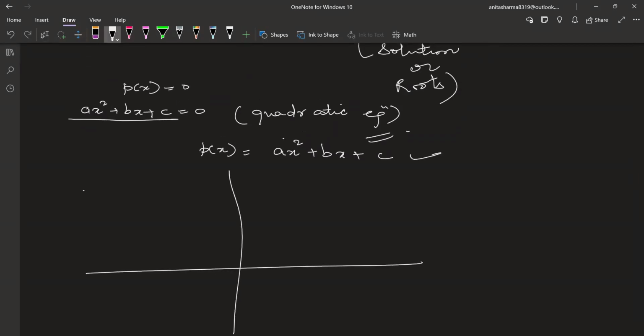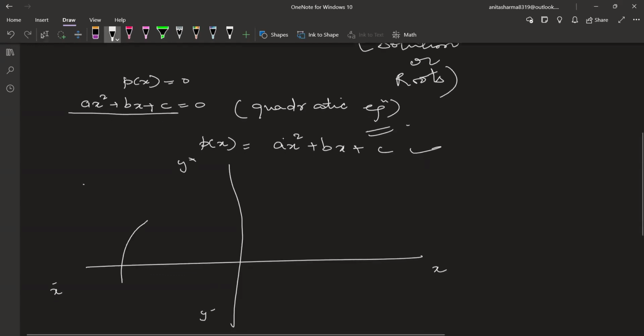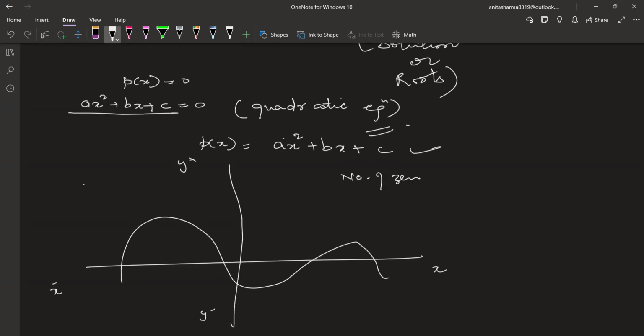Suppose you have given a graph like this: this is your positive x-axis, negative x-axis, positive y-axis, and negative y-axis. Whenever you are given a graph like this and you have to write the number of zeros, this type of question can be asked in your board exams.